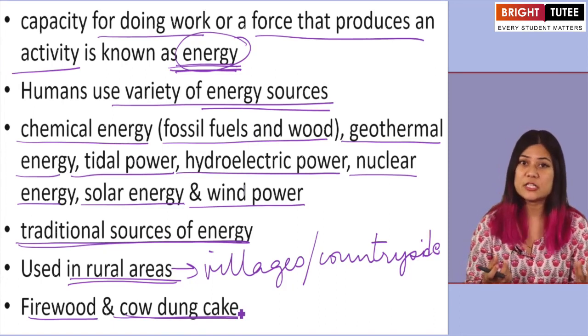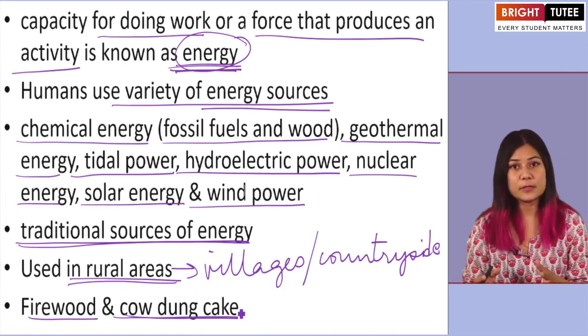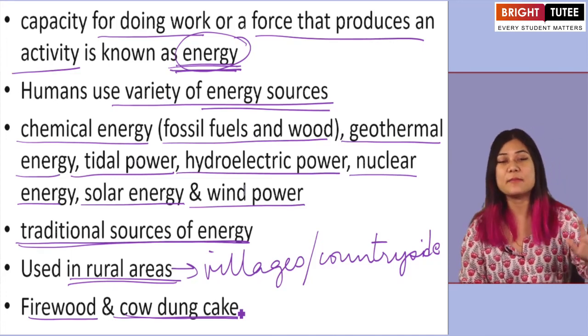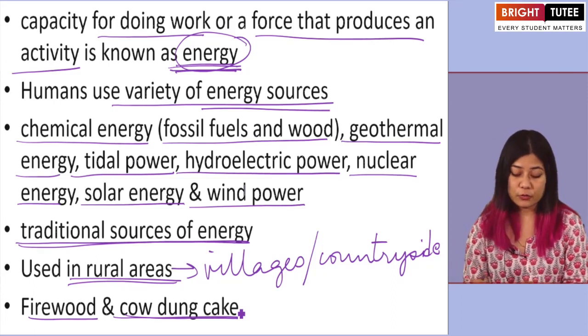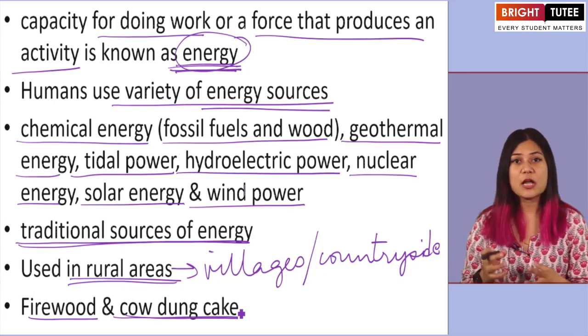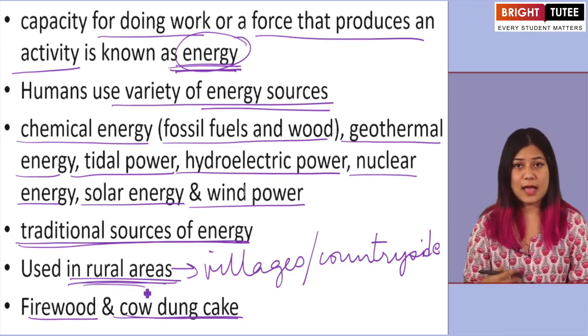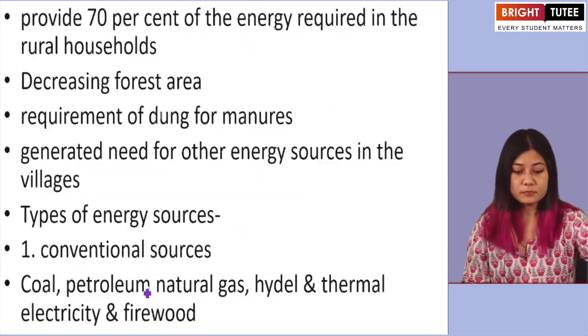If you go to the villages, the rural areas, you see women and other people being busy making the cow dung cakes and drying them in the sun. That is used as fuel to cook their food. So these are traditional sources of energy which are commonly used in the rural households, in the countrysides, or in the villages.